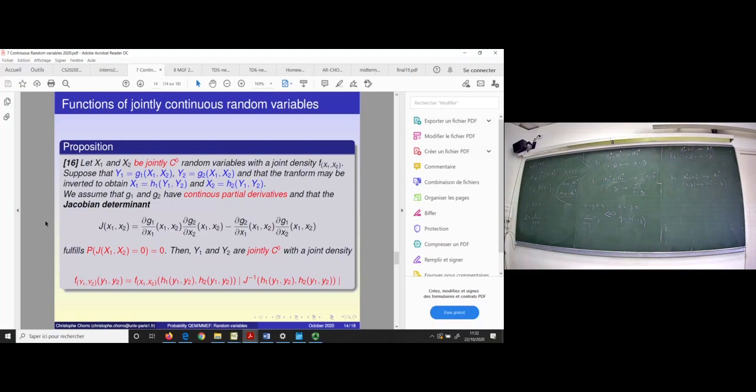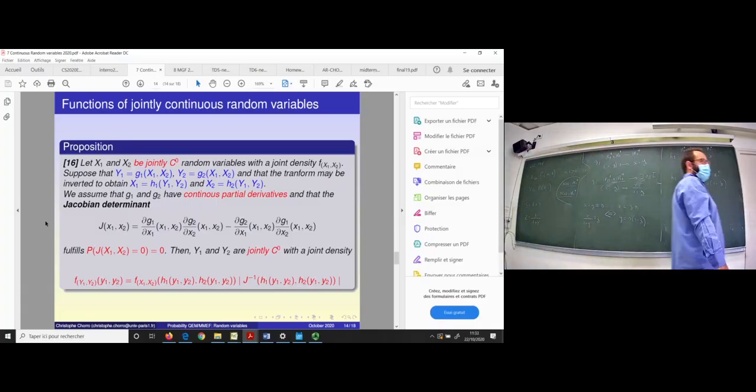And now it's finished. I just have to check the hypothesis and apply the formula. I want to prove that G1 and G2 have continuous partial derivatives. But of course they have continuous partial derivatives because I have classical mappings. Here it's a linear mapping, so no problem. And here it's a ratio for which the denominator is never equal to 0. So I have no problem. I can compute any derivative I want.